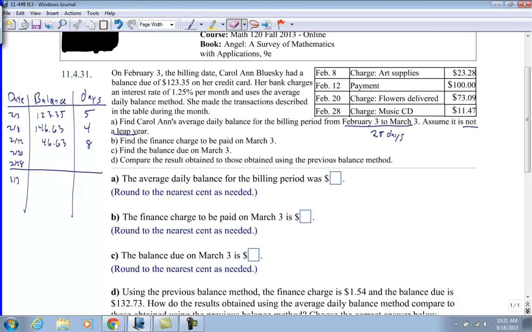That's 119.72. That's going to be for another 8 days, from the 20th to the 28th. On the 28th, that's when we make the music purchase, plus 11.47. I get 131.19 from the 28th to the 3rd, so that's the end of the month. Then you have 3 more days, so that's 3 days.